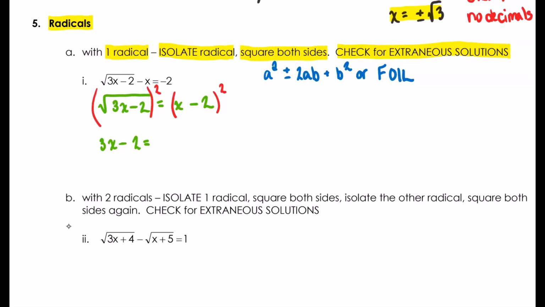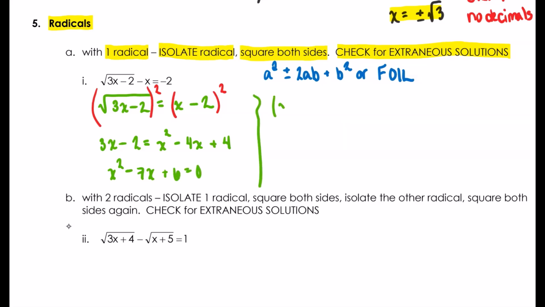That's fine. So the right-hand side, we get x squared minus 4x plus 4. Now, setting the equation equal to 0, notice that I would get x squared minus 7x plus 6 is equal to 0.